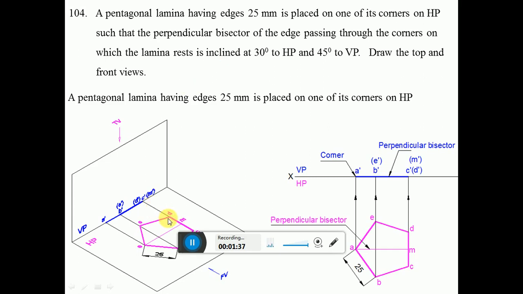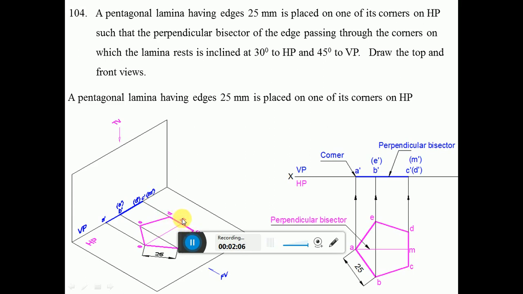That is basically because one end of the line is a corner and the opposite end will always be an edge in a pentagon. Similarly, in a triangle also, one side is a corner and the opposite side will always be an edge. So it joins the corner to the midpoint of the opposite side.